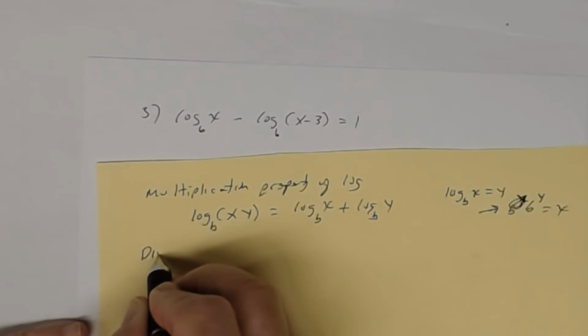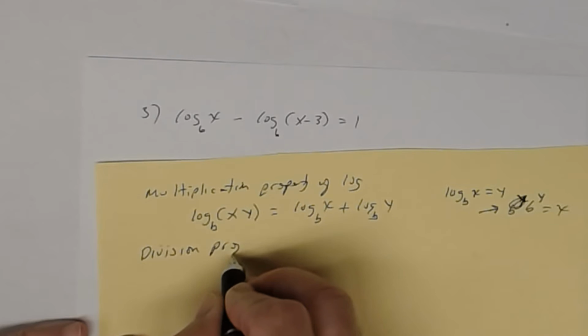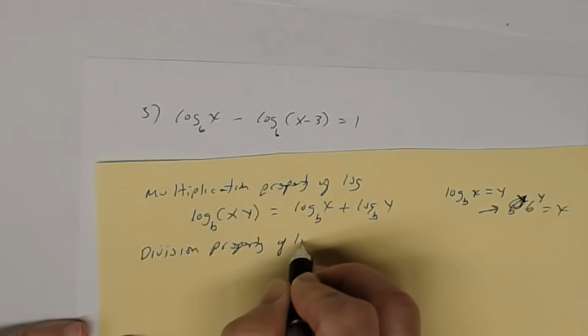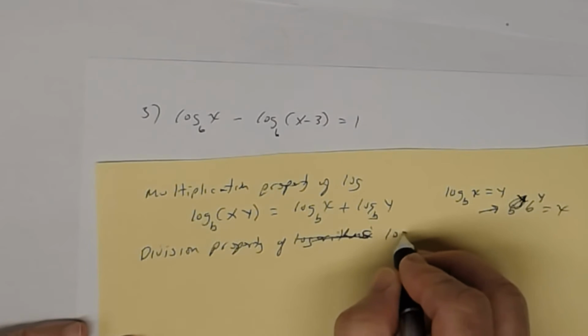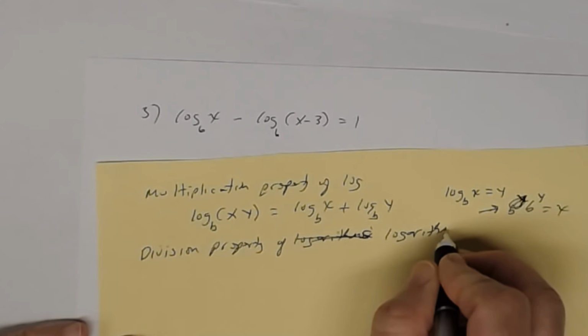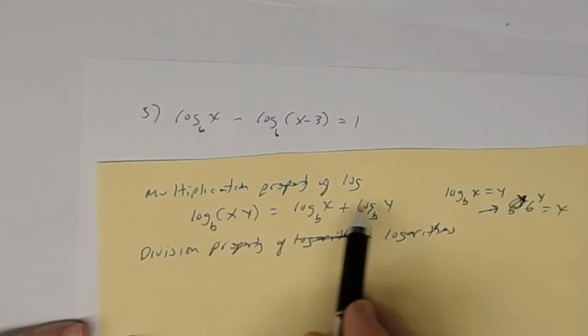So let's review this. You learned about this in a previous lesson. The division property of logarithms, sometimes called the quotient property. Basically it says this, and I'm going to write something like this first.